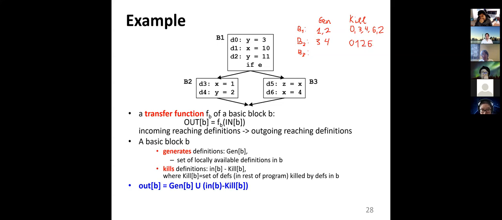Hope my notation is clear. Sorry for my handwriting. But you're correct. 0, 1, 2, and 6, which stands for D0, D1, D2, and D6. That's correct. Thank you. Okay, let's do third block. Anyone wants to try? Anyone new? What is in the gen for this block?